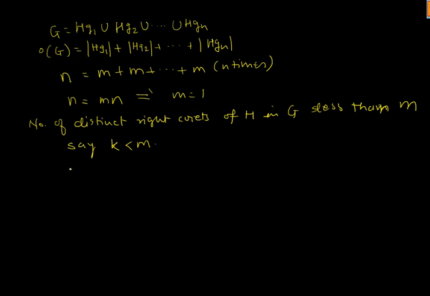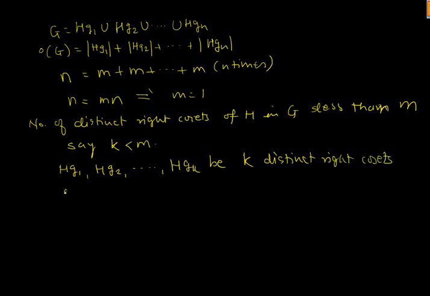And therefore, let Hg1, Hg2, and Hgk be k distinct right cosets of H in G. We know that distinct right cosets of any subgroup of G create equivalence classes, and they provide partitions of G. Therefore, G can be written as the union of these distinct right cosets, union of finally Hgk.